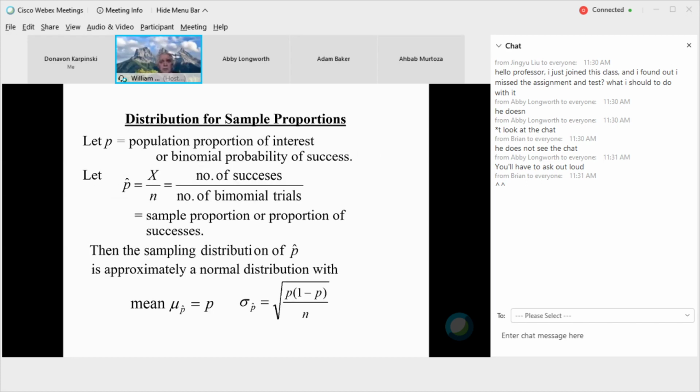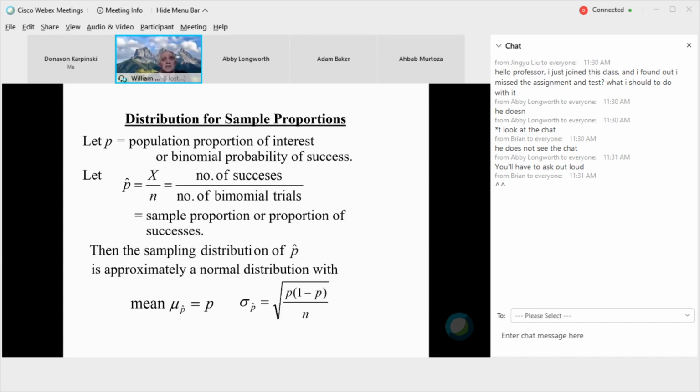The distribution of sample proportions. P is the proportion in a population. It's the probability of success. You can regard the population as divided into two groups.